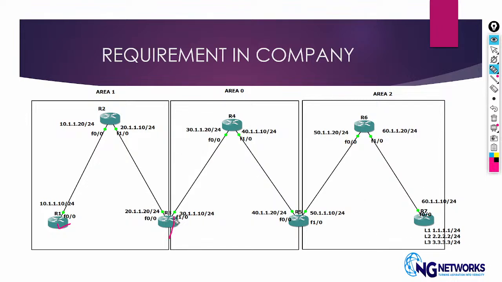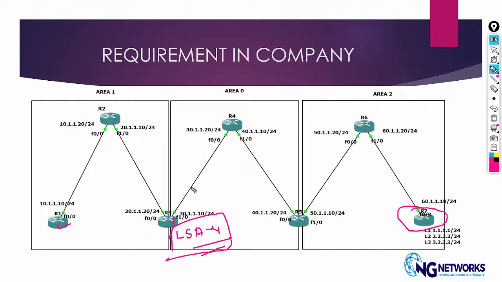So now this ABR router is going to generate one more LSA, that is LSA4, an ASBR summary LSA, so that the routers inside its area will be able to know where exactly R7 lies. This LSA4's work is simply to let the routers inside its area know where R7 is.